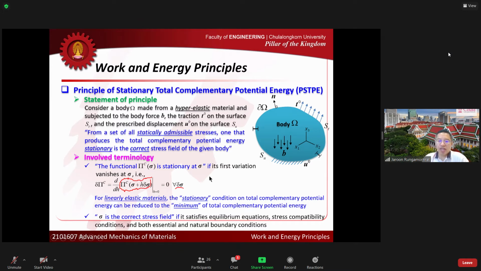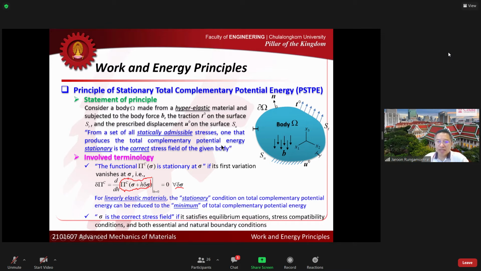Now if we go back to look at the statement of the principle, you can see that the principle allows you to replace this kind of condition by the stationary condition of the total complementary potential energy. The two are equivalent.